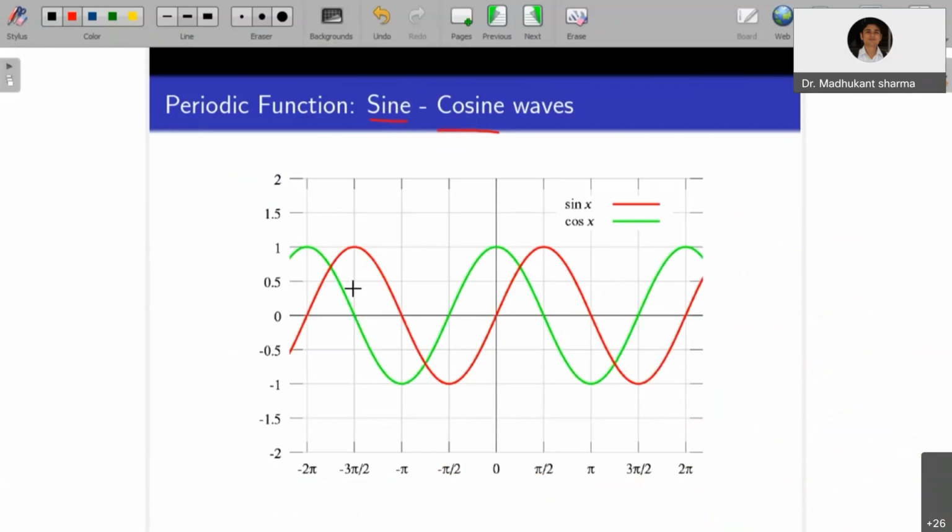It is very easy to verify that they are periodic with period 2 pi. So you have this from minus pi to plus pi. You can take this interval, for which it is periodic, and the period length is 2 pi.